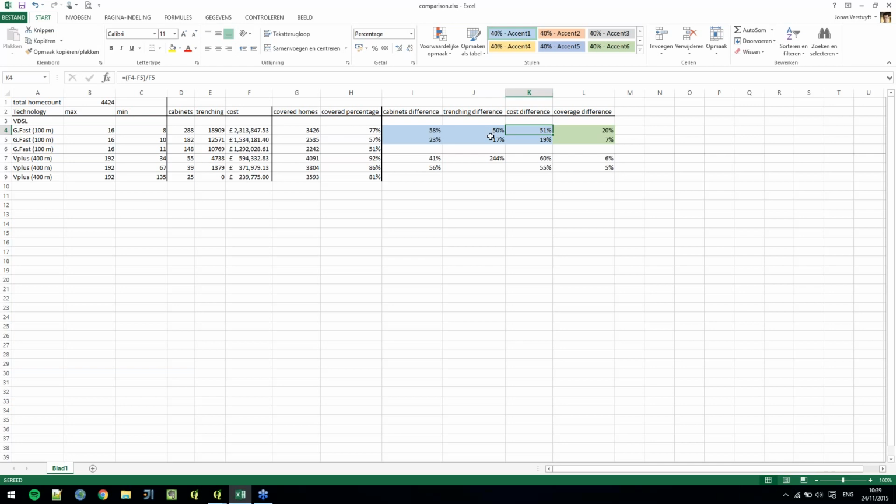So it's very important to have a look case by case at the different scenarios, to check what the minimum amount of homes is that you want to place on these new cabinets, to not go over budget and spend too much money during your deployment stage.